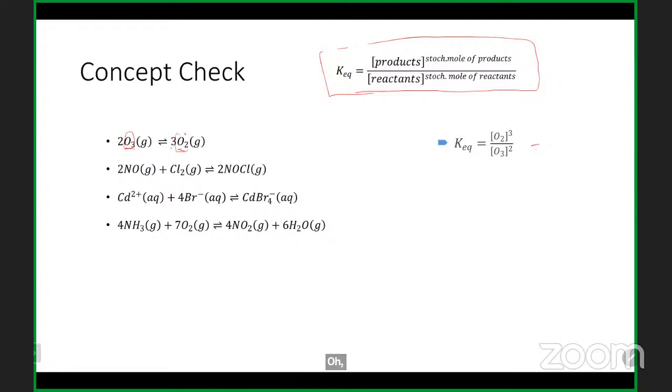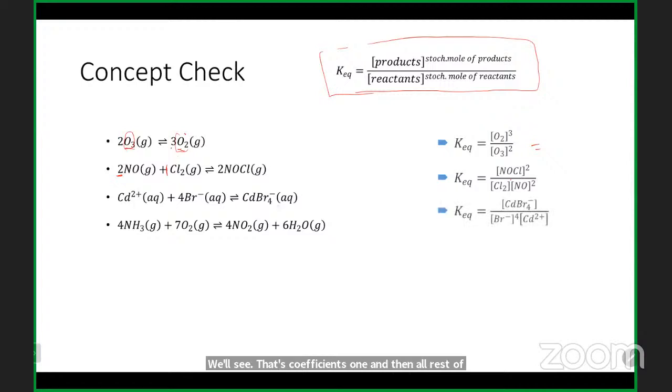That's the K equilibrium. Similarly for the others, NO raised to power 2 over Cl, that's coefficient 1, and NO raised to power 2. The third one, all aqueous, CdBr raised to power 4 over Br. And the fourth one.